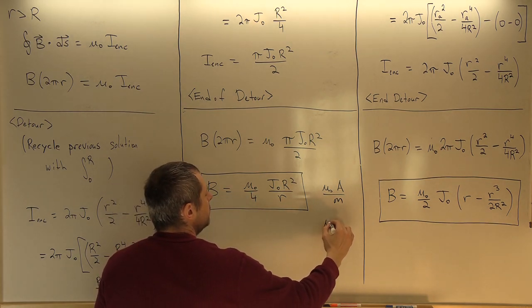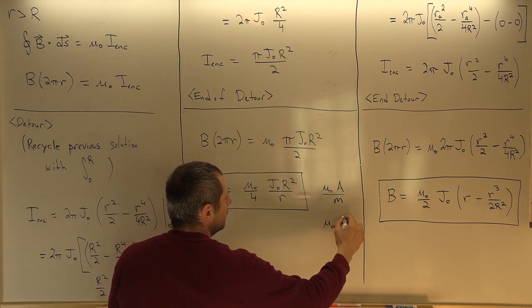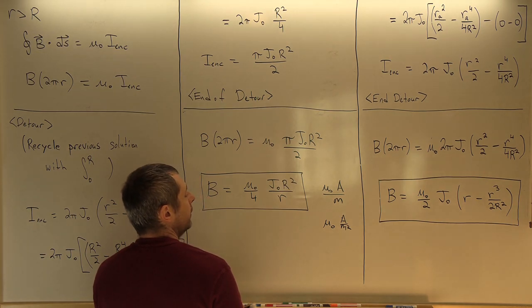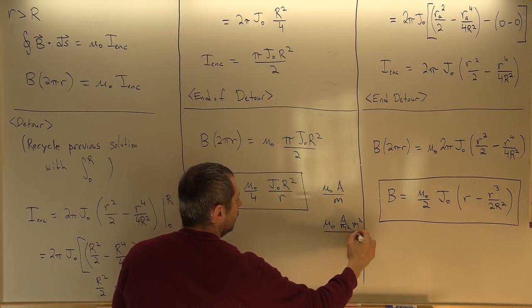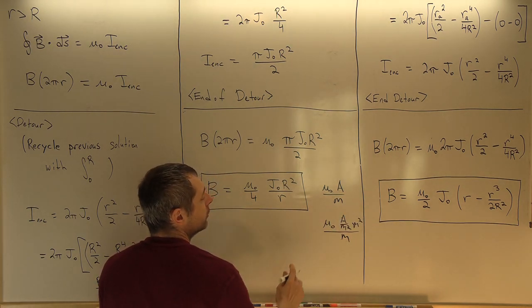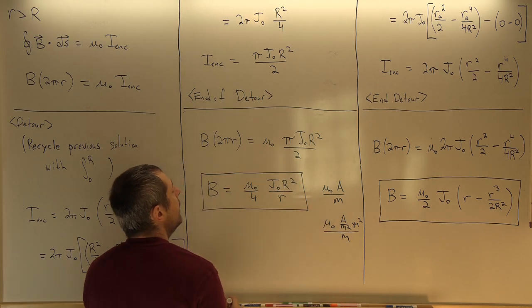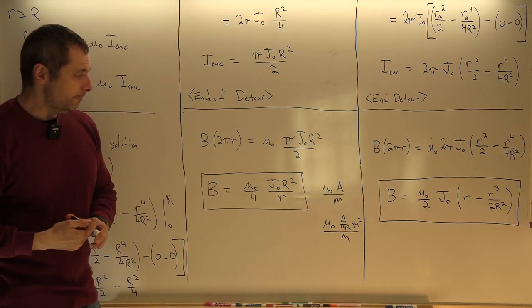Well, what I have is the mu 0, then I've got amps per meter squared, J0, times a meter squared all over meters. And if you look at that, those meters squared cancel, so it gives me mu 0 amps over meters. The units match, so the formula appears to have at least the right form.